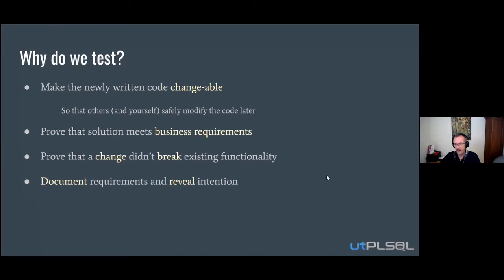They can document the requirements of the system and reveal the intention of the code. When you're looking at some piece of software, some procedure, you might be wondering what it's actually doing and why. If your tests are transparent and easy to read, then the tests could reveal the intention. They can tell an engineer why the software works the way it works or what it's actually doing.